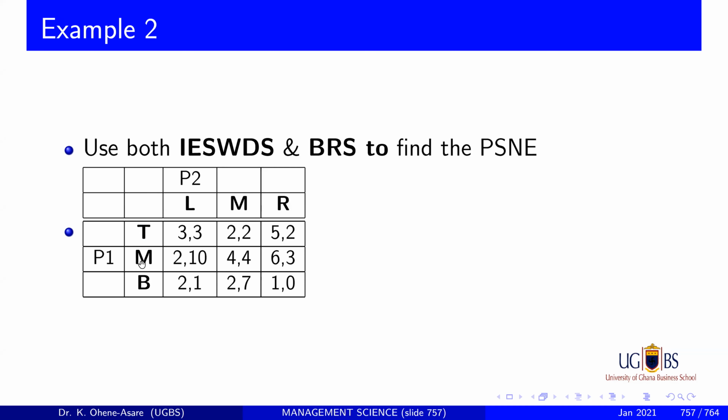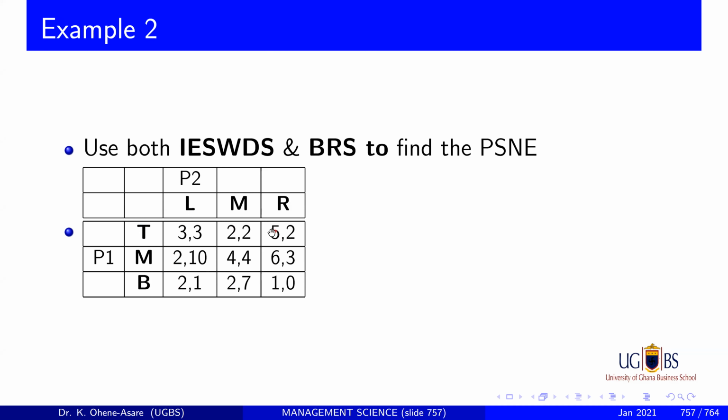Now compare T and B. 3 is bigger than 2. Let me get some kind of a pointer so that we can use that. When you look at this 3, it is bigger than this 2. When you look at this 2, it is equal to this 2.